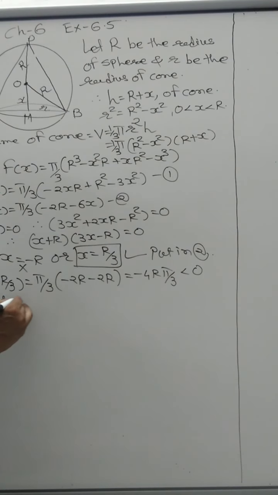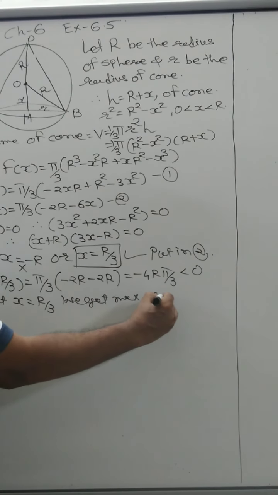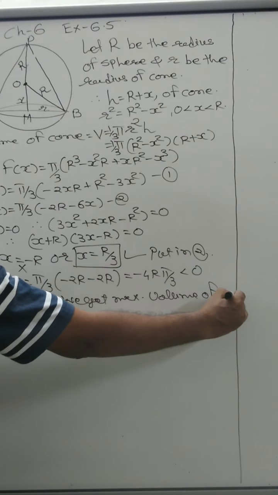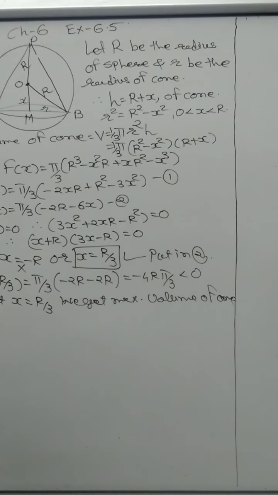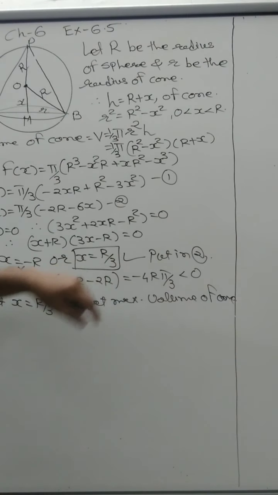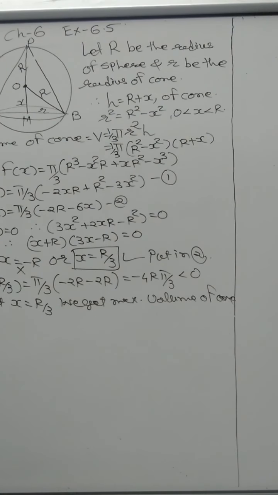Therefore, at x equal to R by 3, we get the maximum volume of the cone. Okay, now we have found the relation between x and R. Now we use this relation to prove our result.